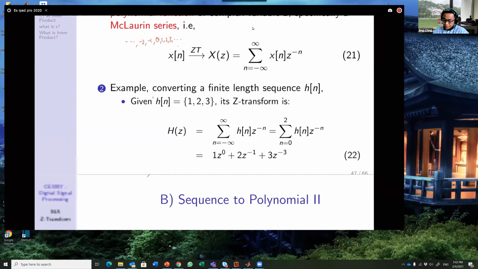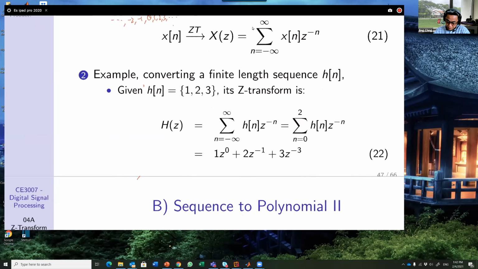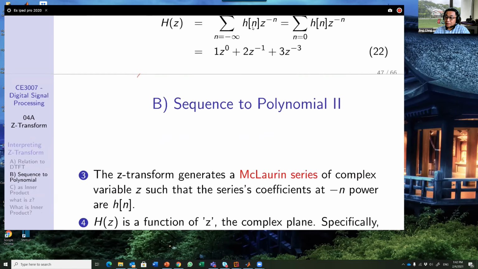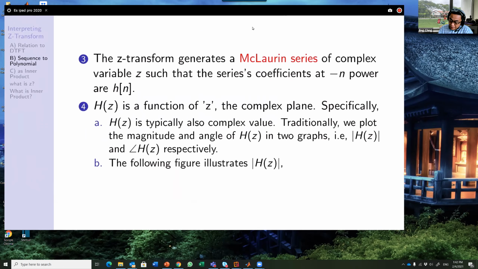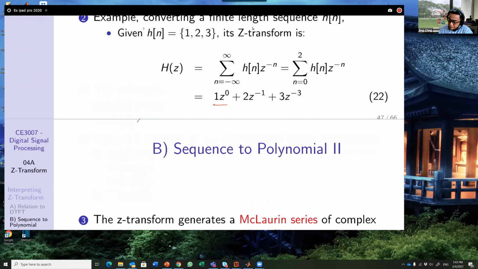Okay, now, another interpretation. This kind of equation, h of z.